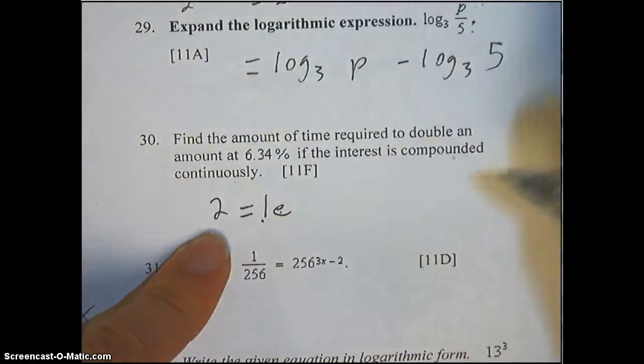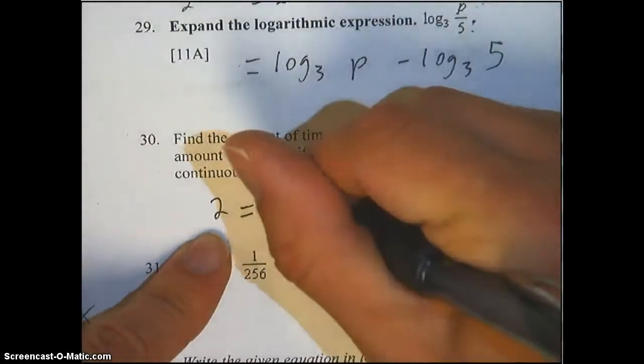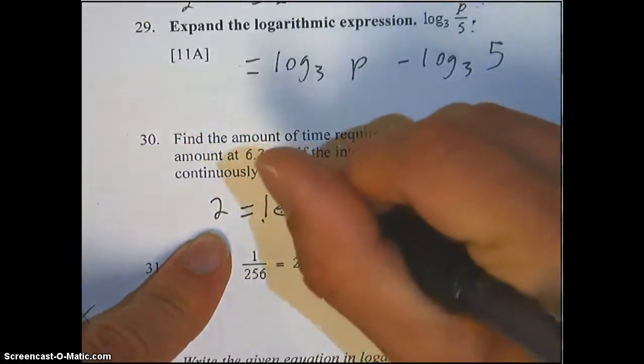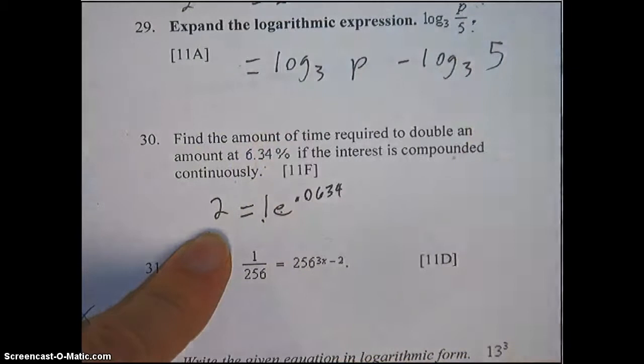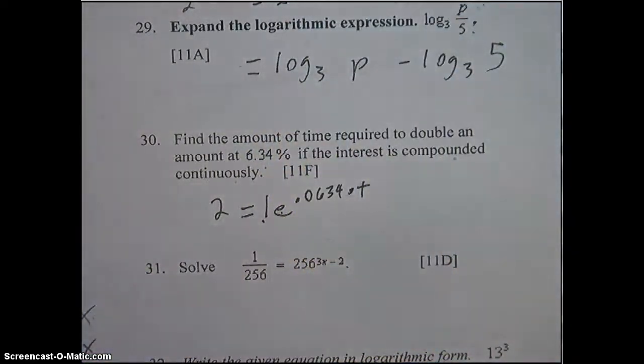I've got my r, the rate, 6.34%. Divide that by 100 to get 0.0634. And I'm trying to solve for t. I need to know the amount of time.